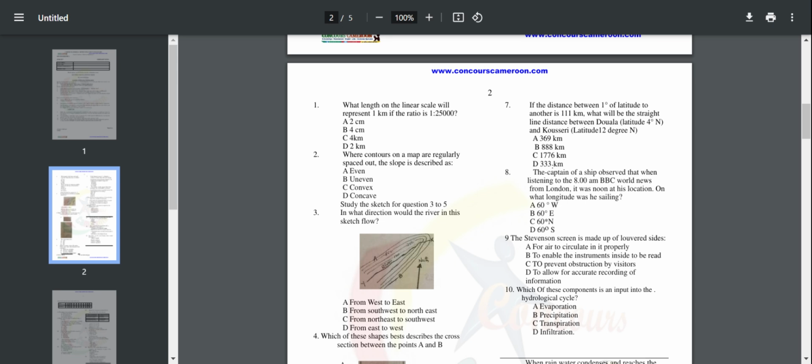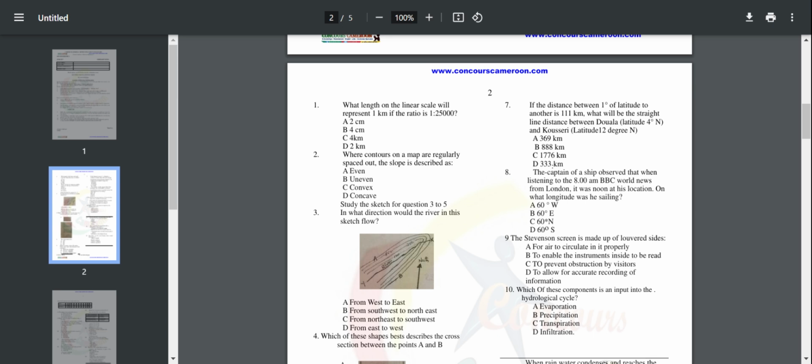Question 8. The captain of a ship observed that when listening to the 8 a.m. BBC World News from London, it was known at his location.